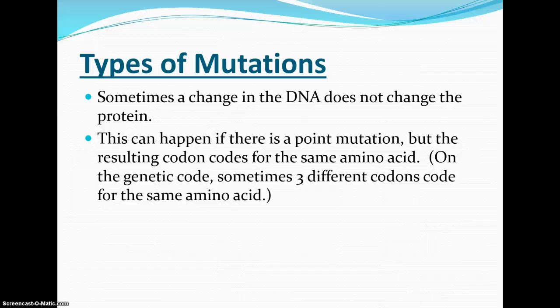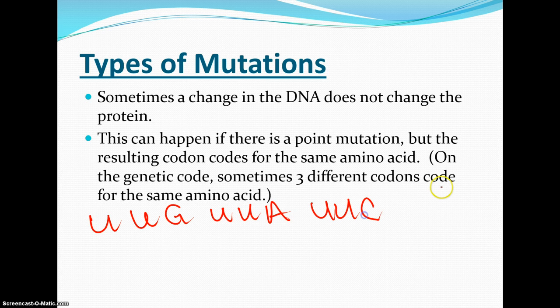Types of mutation. Sometimes a change in the DNA does not change the protein. This can happen if there's a point mutation, but the resulting codon codes for the same amino acid. So, do we have a picture? We don't. That's just talking about the redundancy in the genetic code, where if you have UUG, UUA, UUU, and then UUC, I think is the only one I didn't say, all of those code for the exact same amino acid.